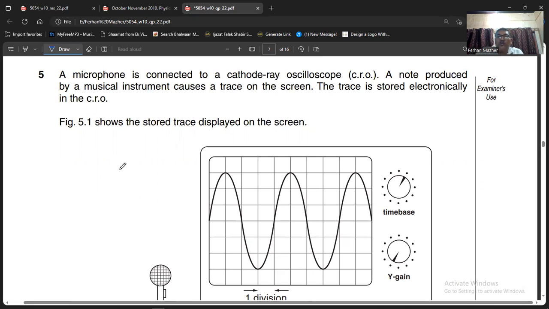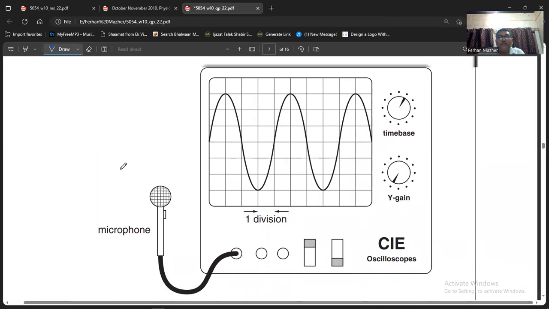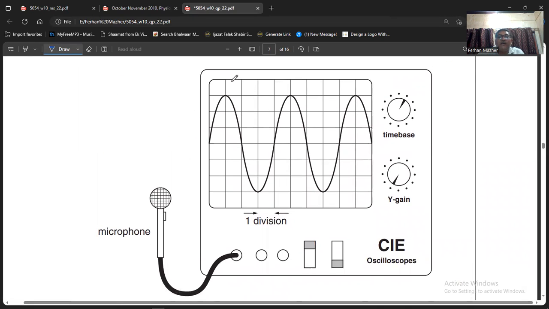Okay, so here we have that display. You can see here we have this wave, and to complete one wave is from here till here. Horizontally we have 1, 2, 3, 4 divisions, and 1, 2, 3, 4, 1, 2.